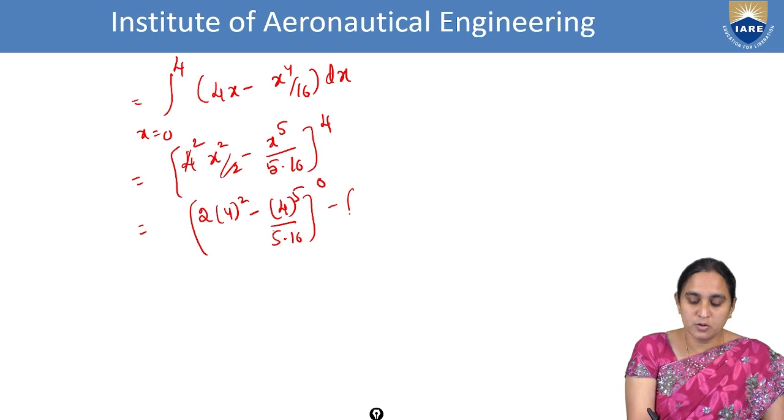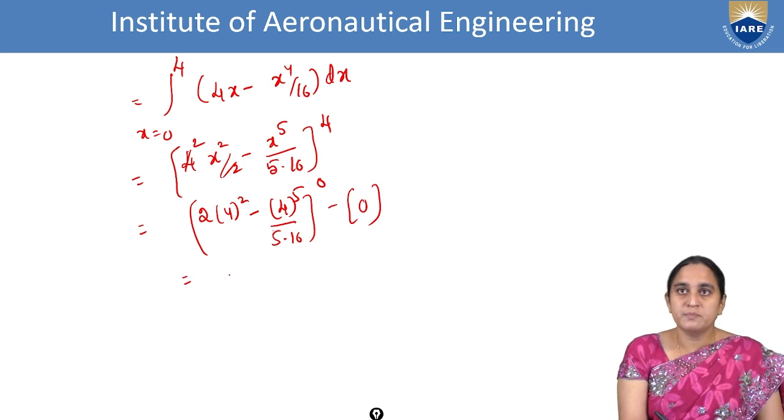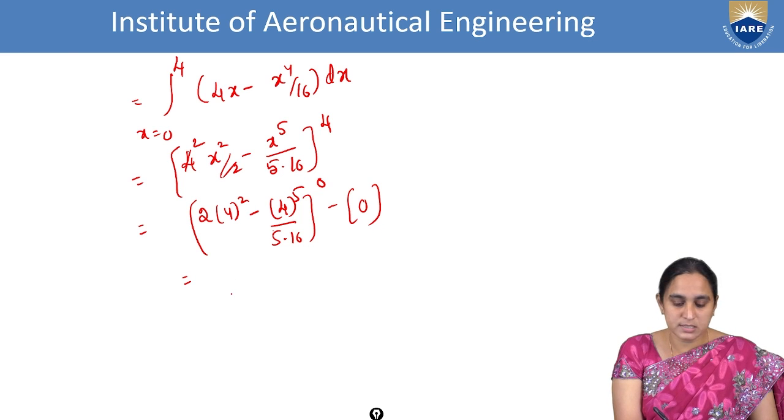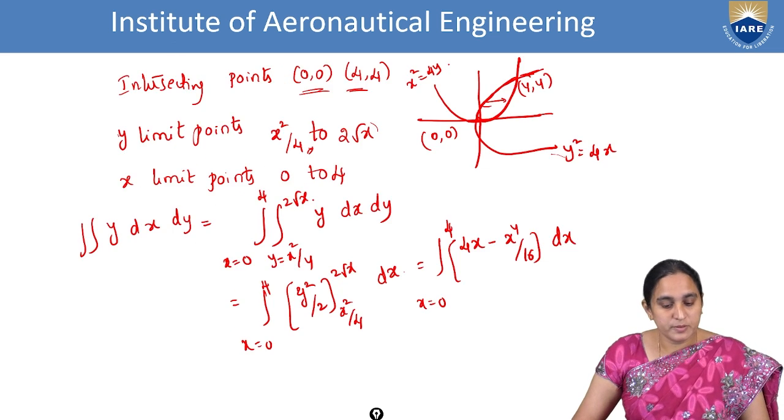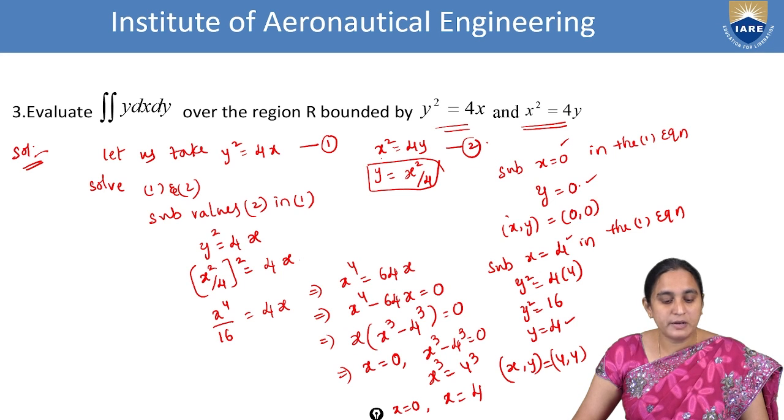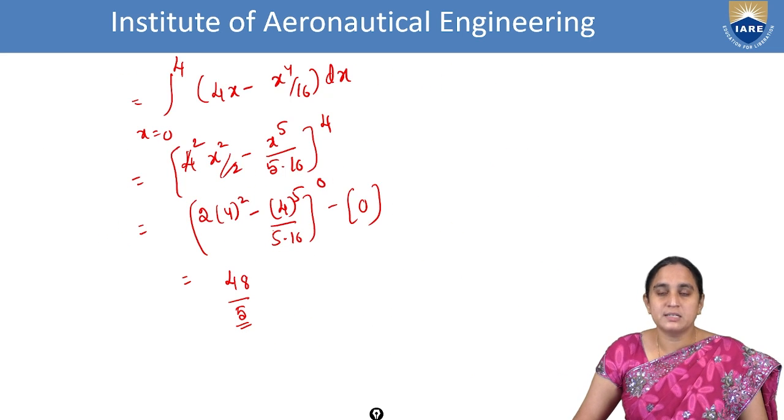Substituting the lower limit 0, we get the final answer 48 by 5. Therefore, the double integral of y dx dy over the region R bounded by the two parabolic equations is 48 by 5.